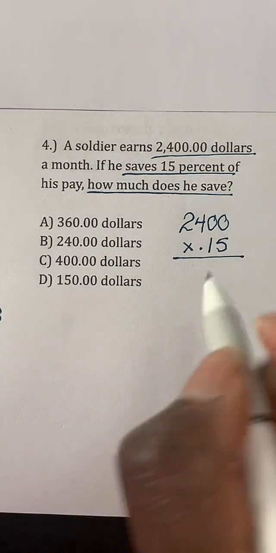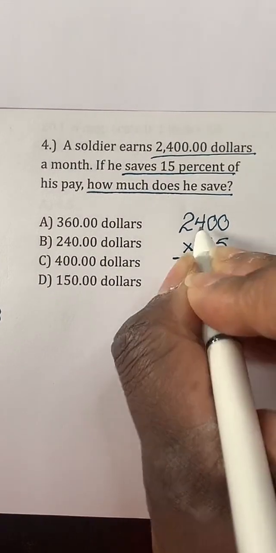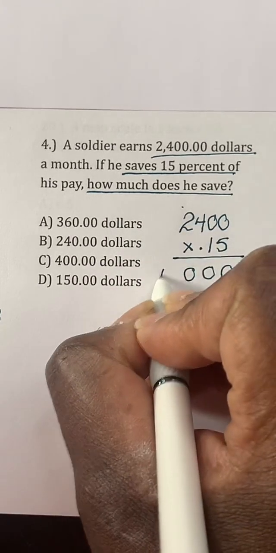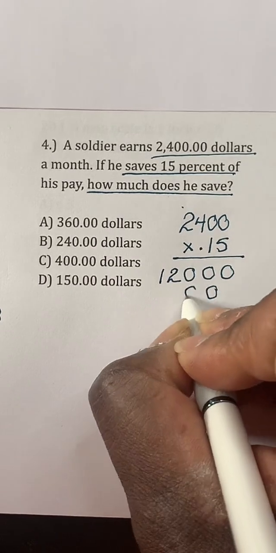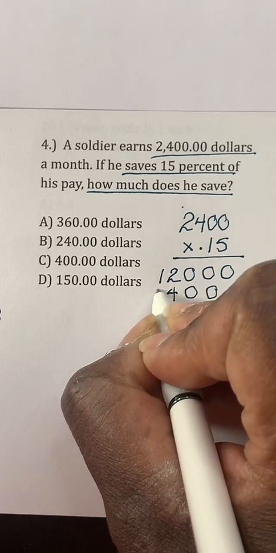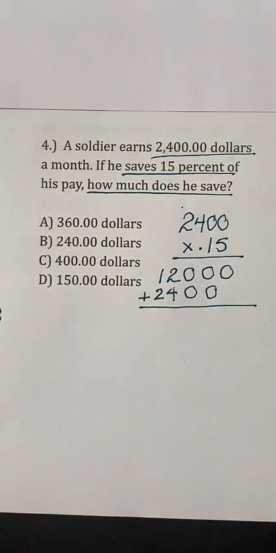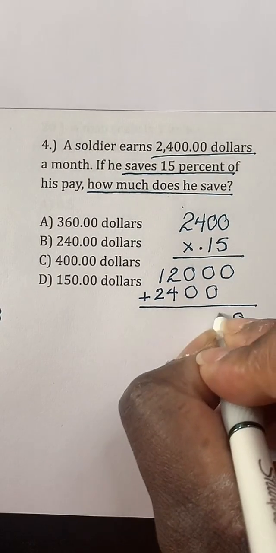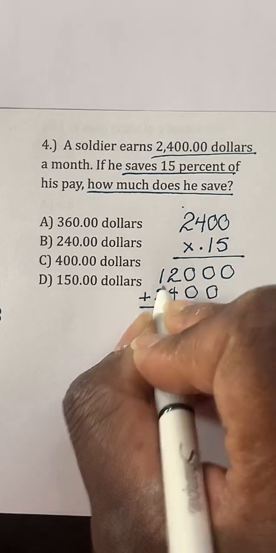So if we do our multiplication, I'm going to do it old school. 5 times 4 is 20. Carry the 2. 5 times 2 is 10, plus the 2 gives me 12. Then we have our 0, our 4, our 2, and then we're adding. 2 plus 4 gives me 6.